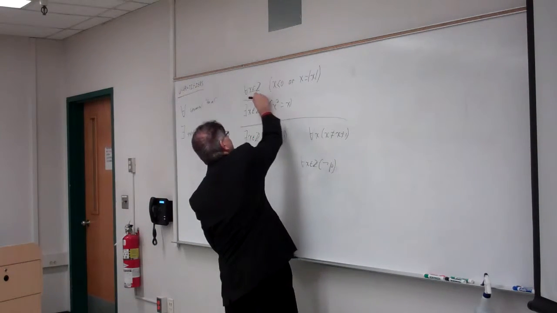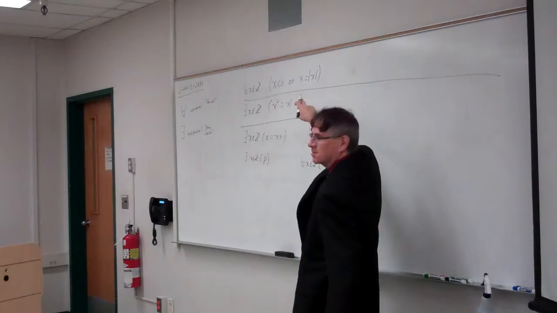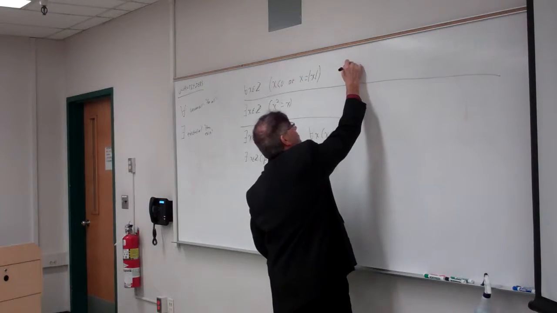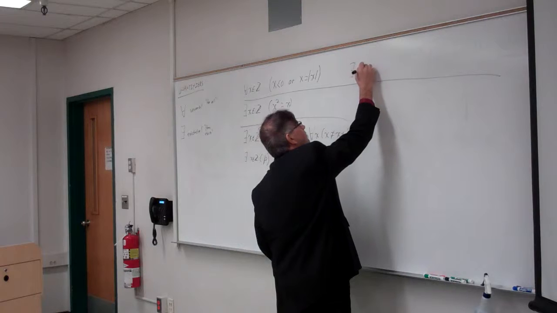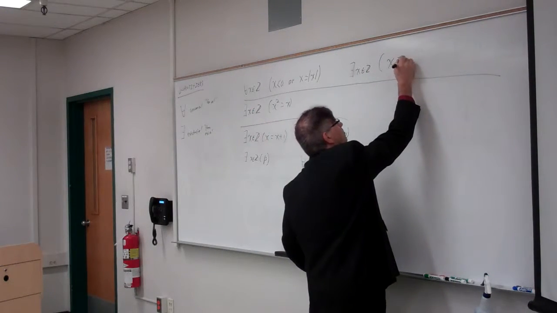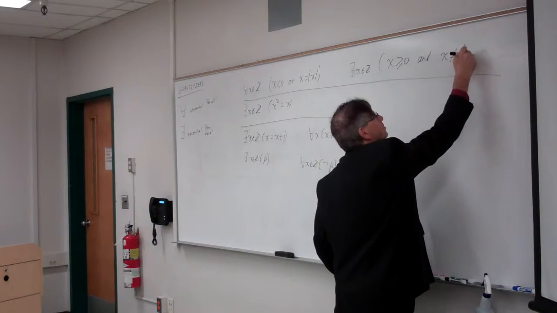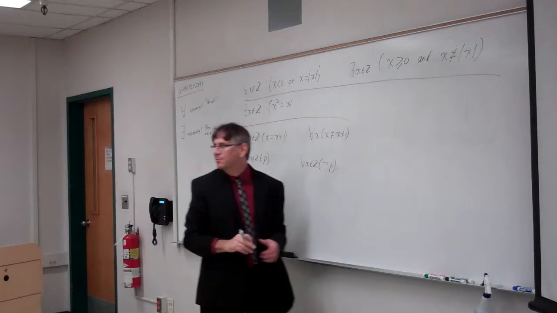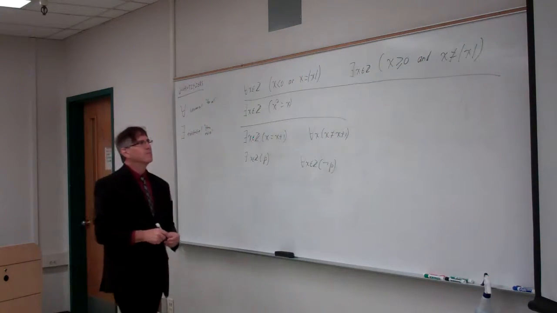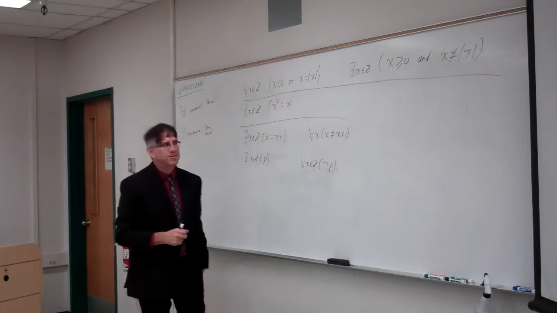And the negation of this statement, for all x, x is less than 0 or x equals its absolute value, would be there exists an x such that x is bigger than or equal to 0 and x is not equal to the absolute value of x. And this you can think about and convince yourself is clearly false.